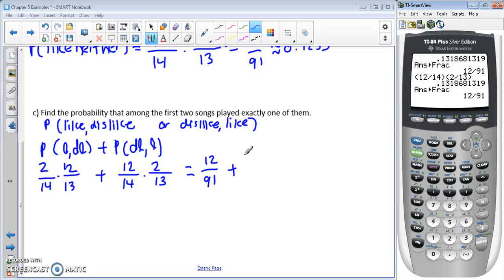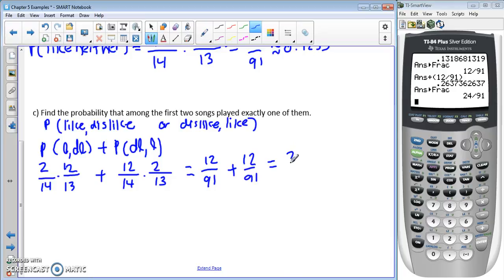We get 12 out of 91. So when I add that to itself, and also do 2 times that, we get 24 out of 91, or that's about 0.2637.